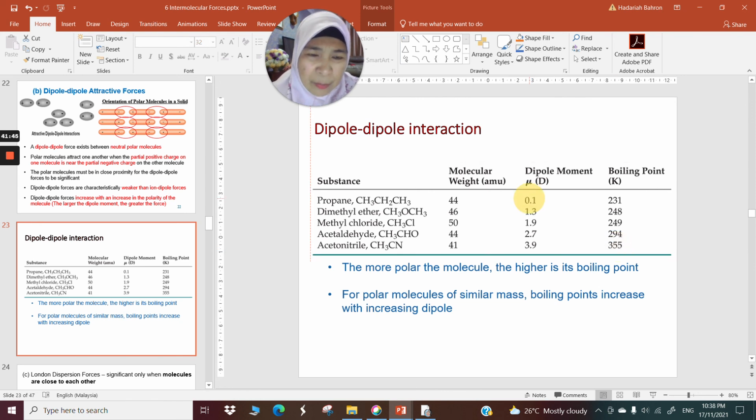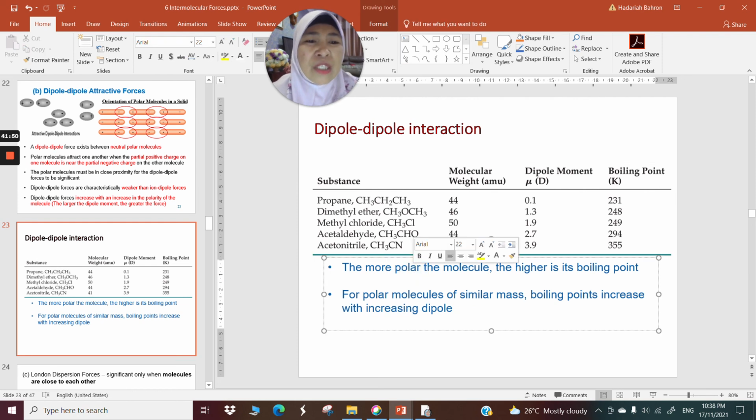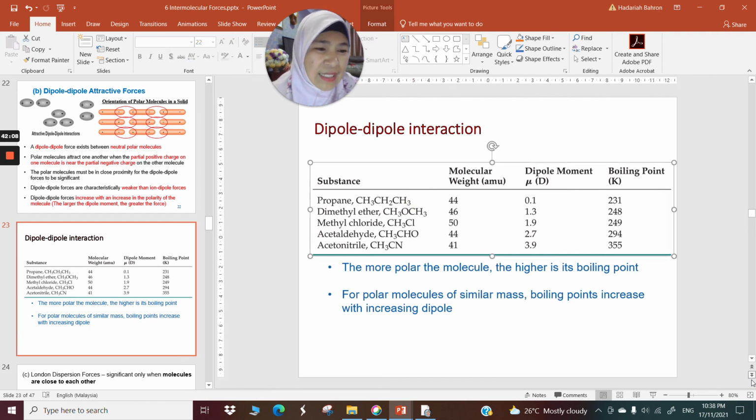The lower the dipole moment, the lower the boiling point. I.e., the more polar the molecule, the higher its boiling point, the more dipole-dipole attraction exists between those molecules. For polar molecules of similar mass, boiling points increase with increasing dipole, as you can see in this table or in the slide.